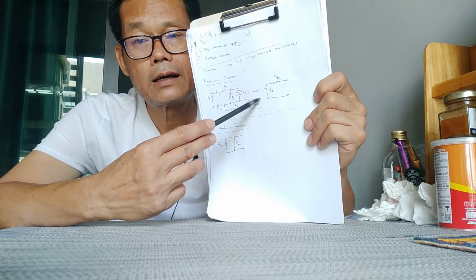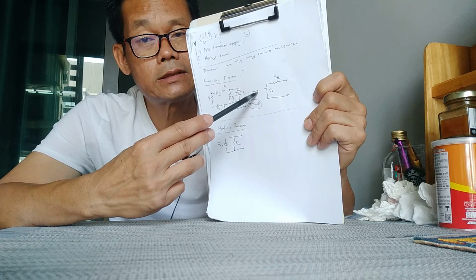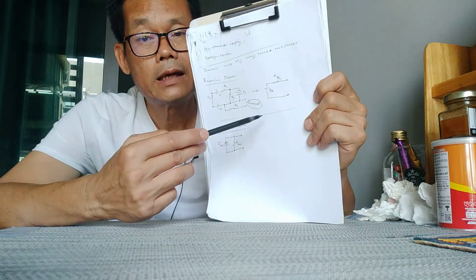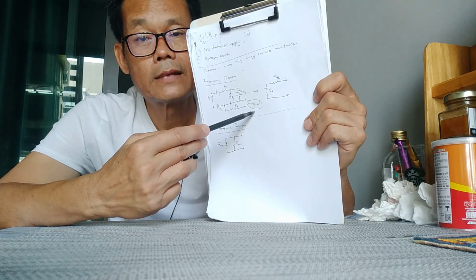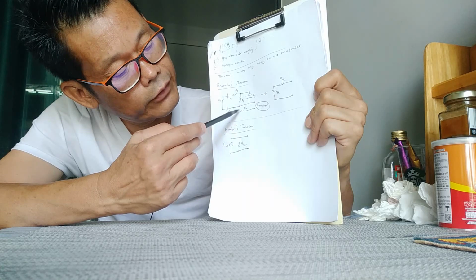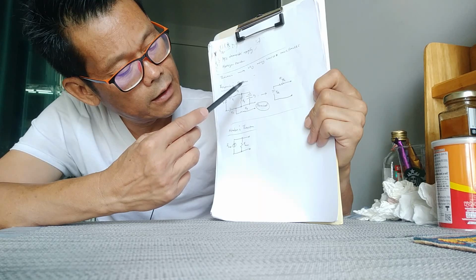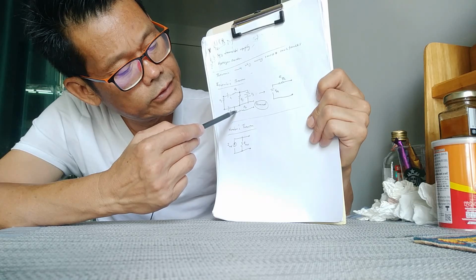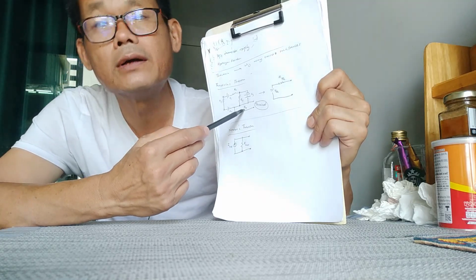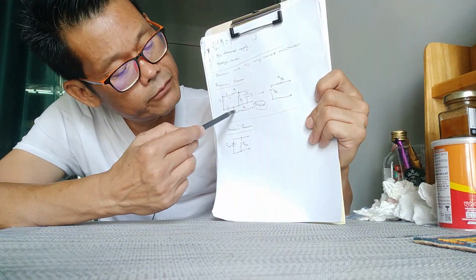You have a resistance so huge that current will not flow through this R. What you're looking for is the potential at this point. When you have open circuit here, you have no current flowing to R4. This is my R4.